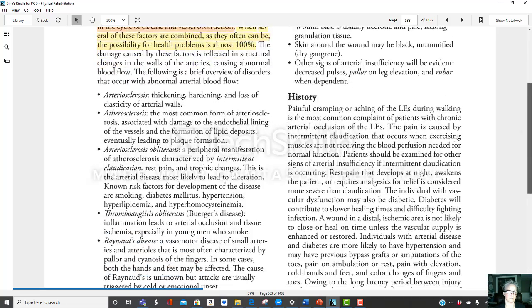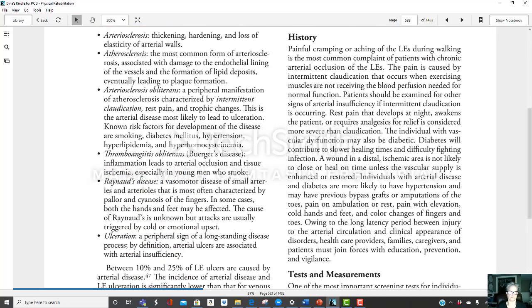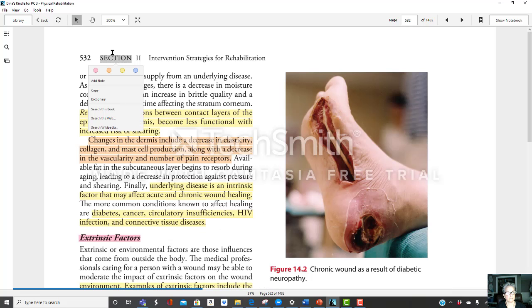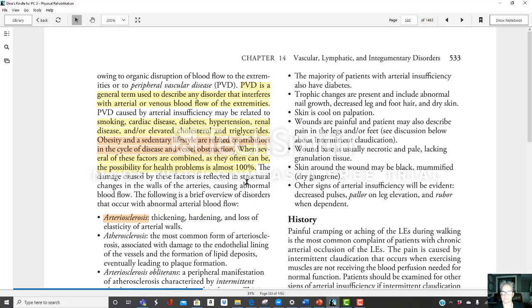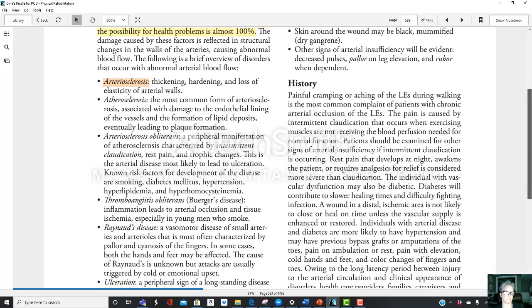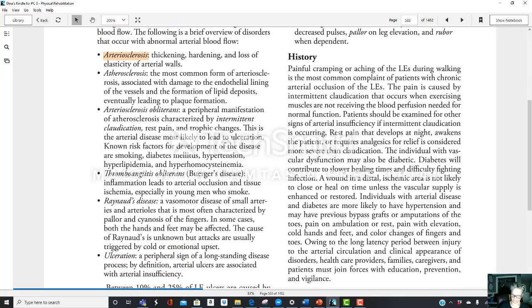Arteriosclerosis: thickening, hardening, and loss of elasticity of arterial walls. Atherosclerosis, the most common form of arteriosclerosis, is associated with damage to the endothelial lining of the vessels and the formation of lipid deposits, eventually leading to plaque formation.